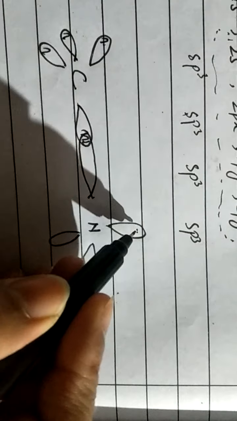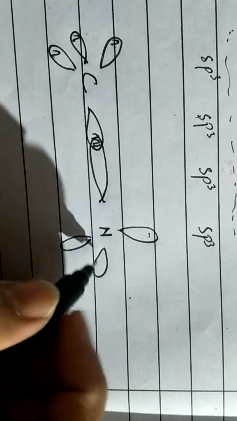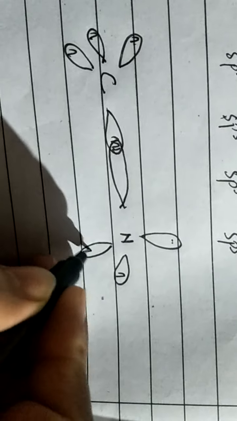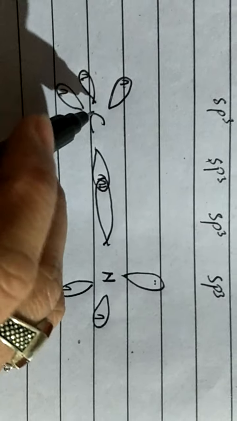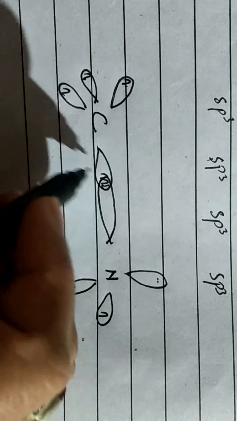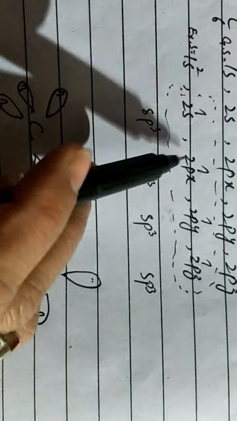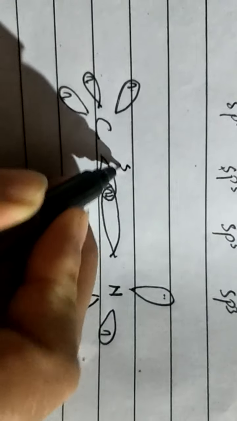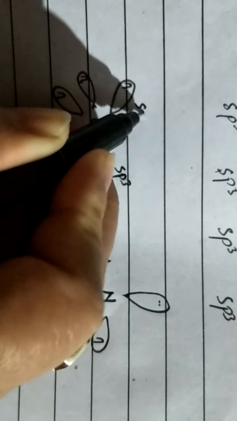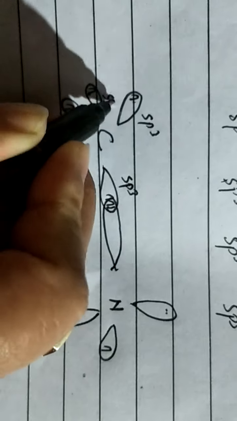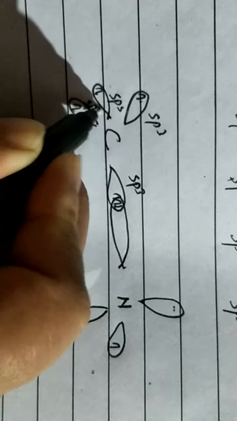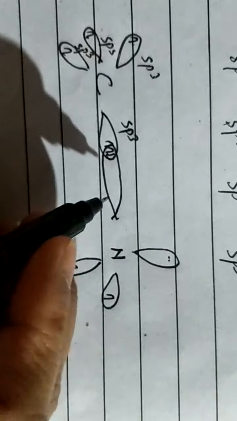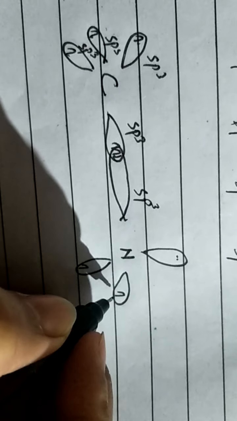In nitrogen, one sp3 hybrid orbital contains a lone pair of electrons and the others one and one electron. In carbon all the sp3 hybrid orbitals contain one electron each. So there are 4 sp3 hybrid orbitals of carbon and also 4 sp3 hybrid orbitals of nitrogen.